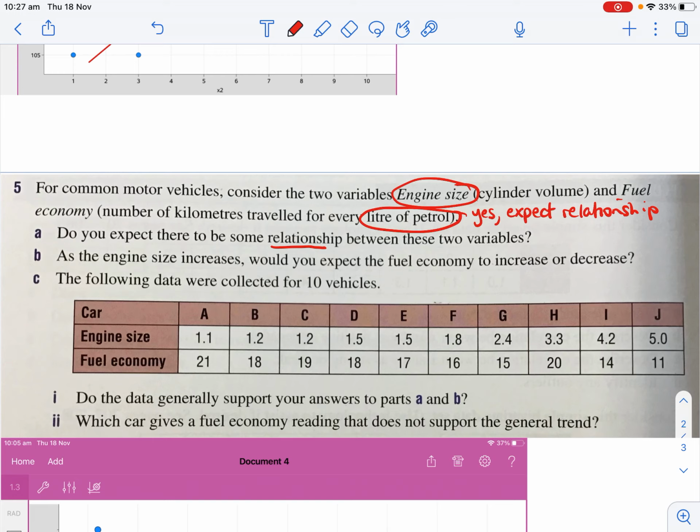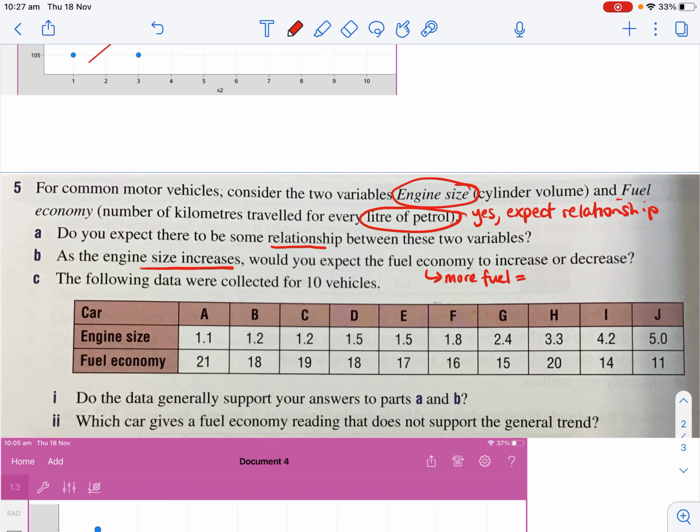As the engine size increases, would you expect the fuel economy to increase or decrease? Same thing, I think as the engine size increases, I expect to use more fuel. More fuel is less economical.